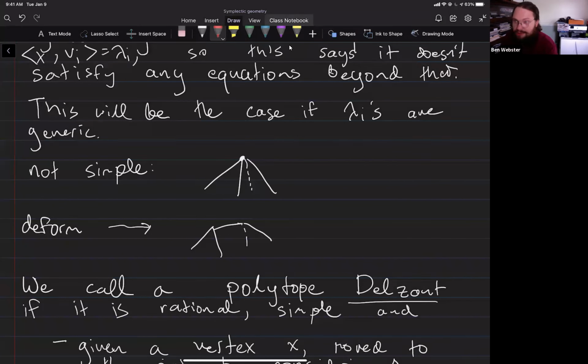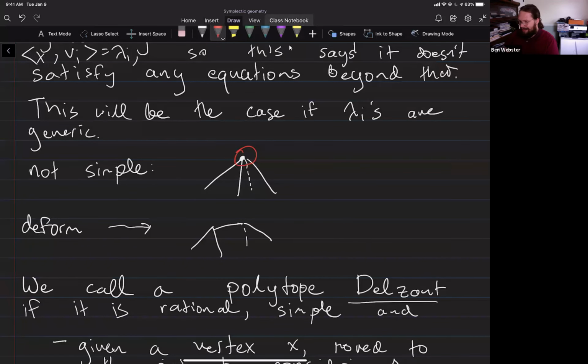But in 3 dimensions, it becomes a serious thing, right? So here I have this vertex. It satisfies 4 equations coming from bounding hyperplanes of the polytope. I know I didn't draw this great, but this is like the top of the Great Pyramid of Giza. There are 4 hyperplanes that meet there. And so between the normal vectors of those hyperplanes, there's a linear relation.